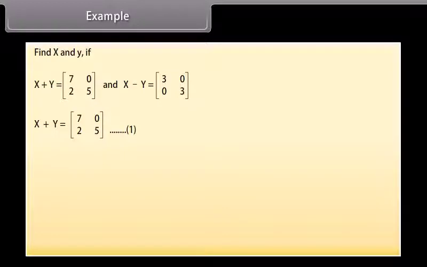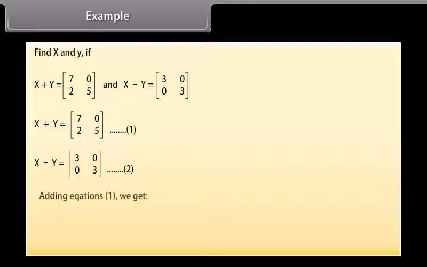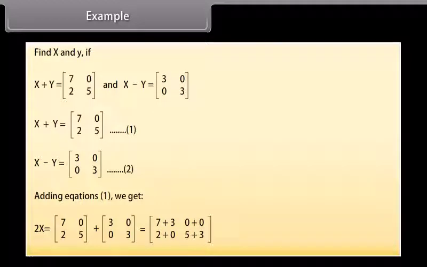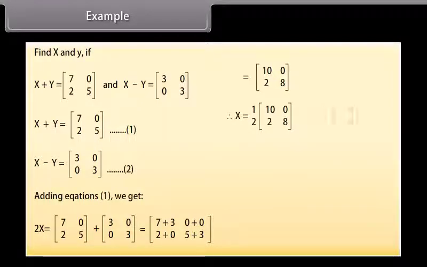Given X plus Y and X minus Y, mark them as 1 and 2. Now, add equations 1 and 2, we get 2X is equal to the matrix, row-wise, first row 10, 0, second row 2, 8. Therefore, X is equal to the matrix, row-wise, first row 5, 0, second row 1, 4.